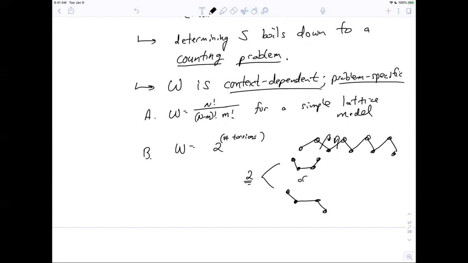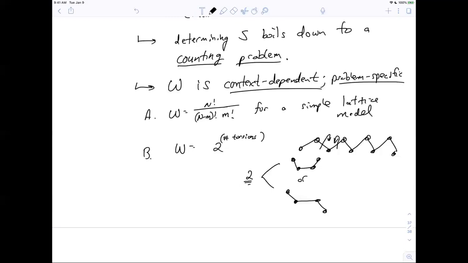So these 2 examples give us a very clear picture of how W is context dependent. Okay, any questions so far? So based on the problem, for the next exam, you should easily be able to tell what kind of system it is.